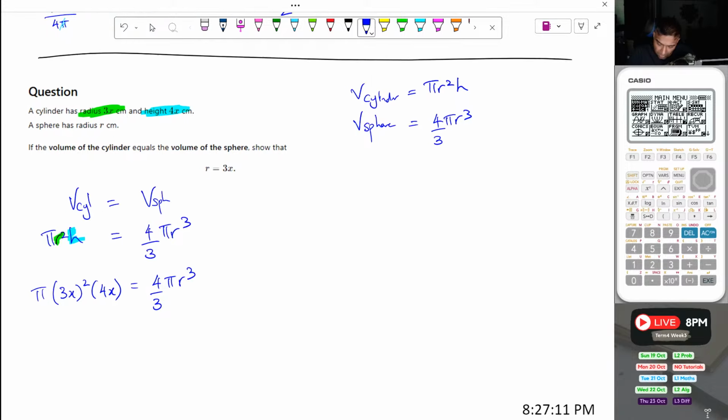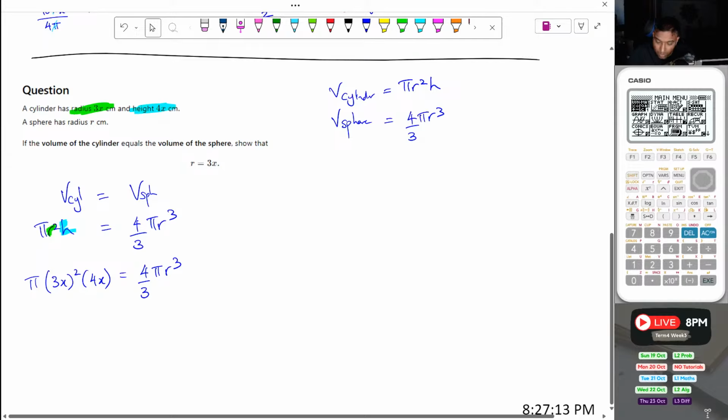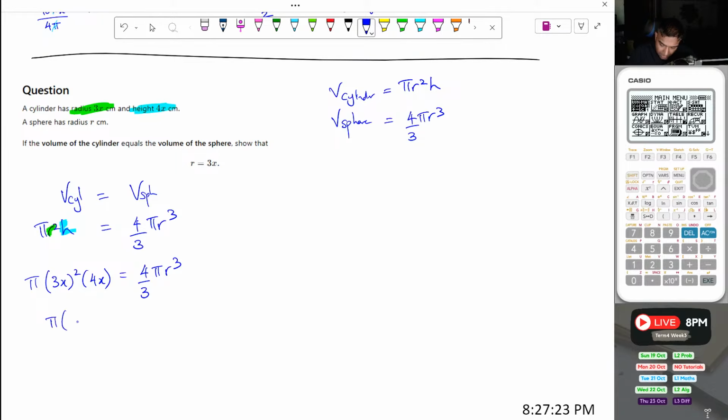From here, we just need to rearrange things because we want to show that r is equal to 3x. So we're going to cross multiply this. I'm going to expand the brackets first here. So it's going to become 9x squared times 4x equals 4/3 pi r cubed.